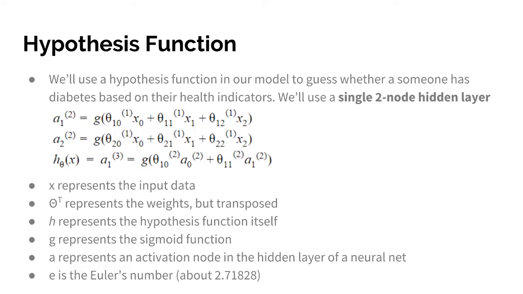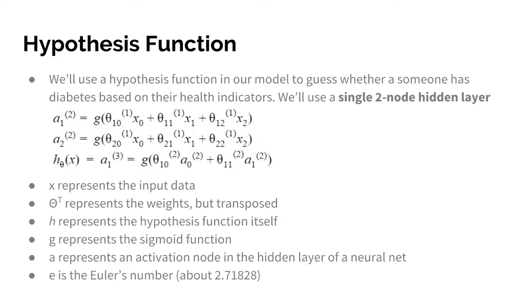If I have A subscript 1, superscript 2, 1 represents that it's the first hidden node in that layer, and 2 represents layer 2, because we consider the input data to be layer 1 and the output data to be layer 3.